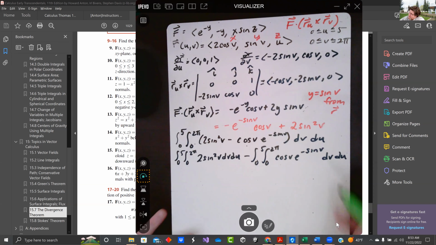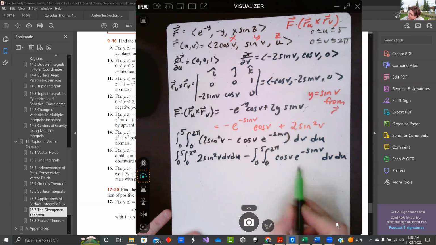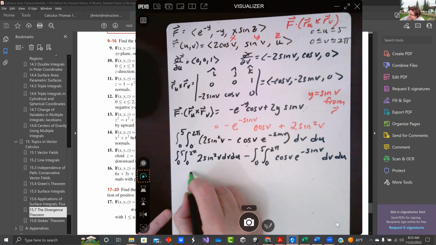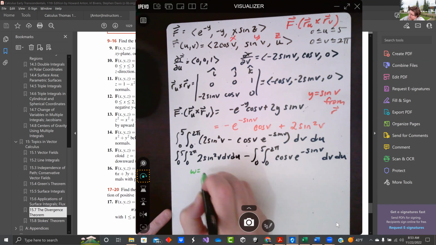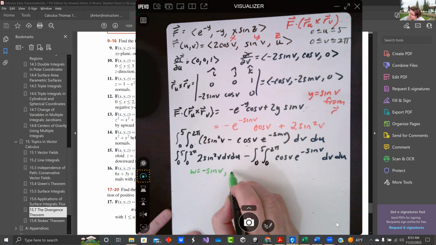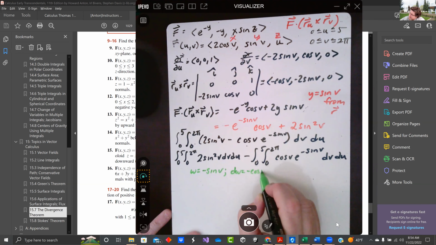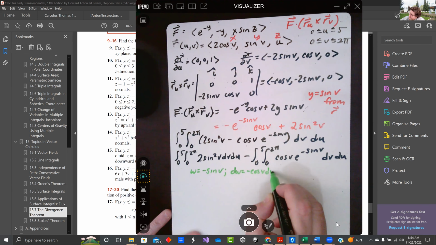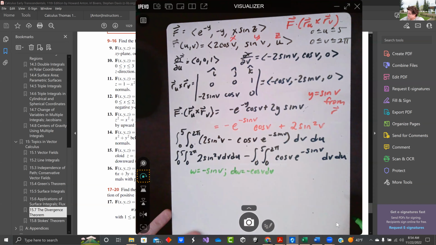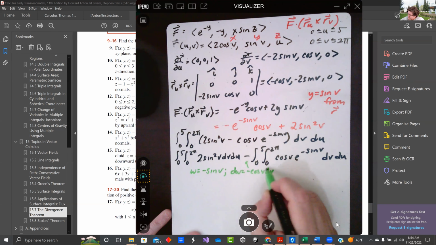So I'm going to say this part comes down easy. So let's just talk about what's going on here. I'm going to say w equals, I'm going to get rid of the negative at the same time, negative sine v, so that dw is negative cosine v dv. And so I've got the negative here and I've got the cosine v there.